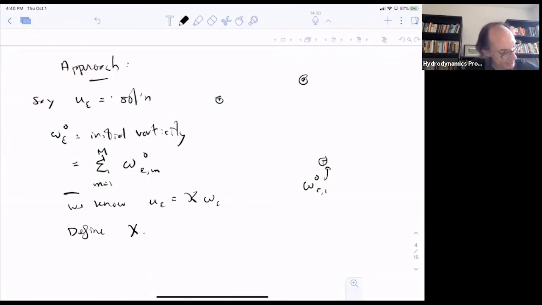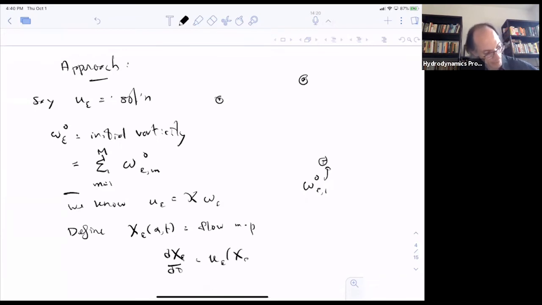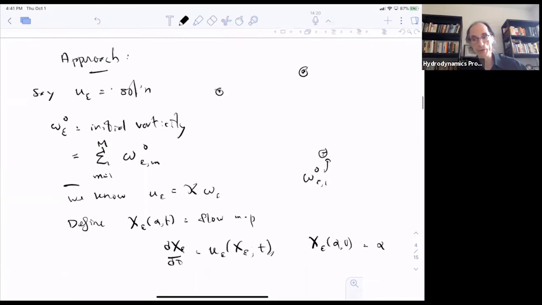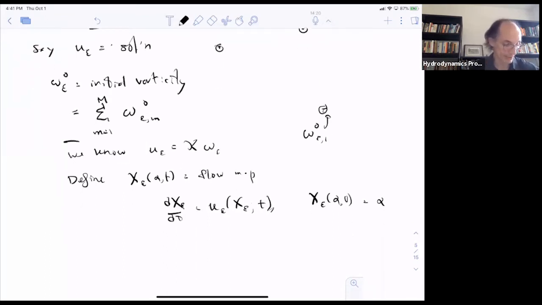Okay, so X epsilon of alpha and t is the flow map given by dX epsilon/dt equals u epsilon of X epsilon and t, and at 0 this is the identity map, so that's the same as always. And remember, we know that the vorticity is transported by the flow, and so the vorticity at time t. Well, okay, I'll write it down in a second.